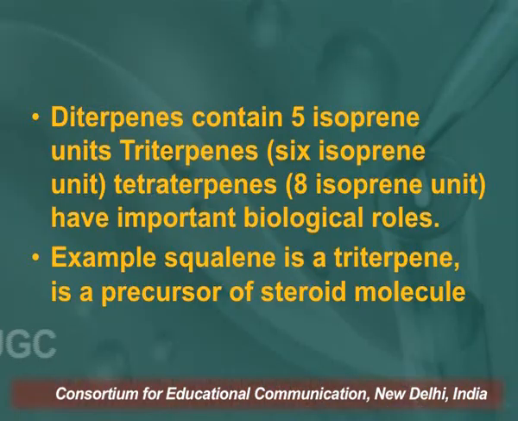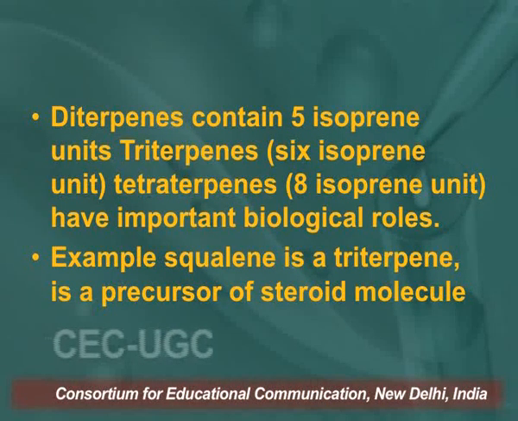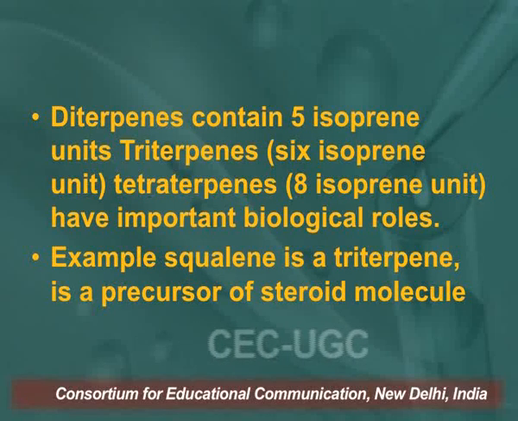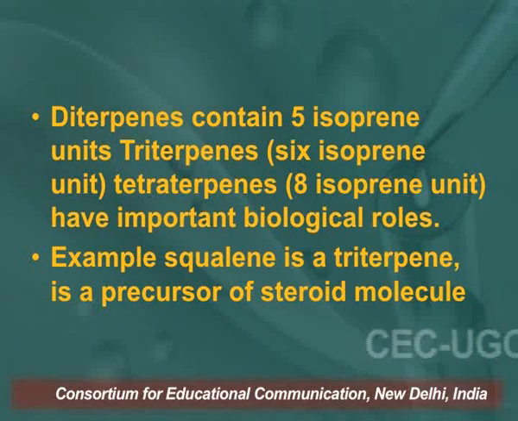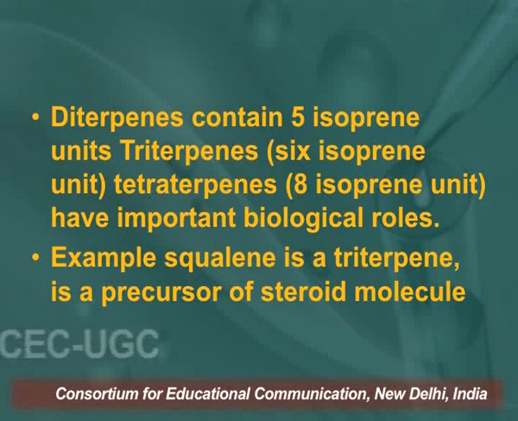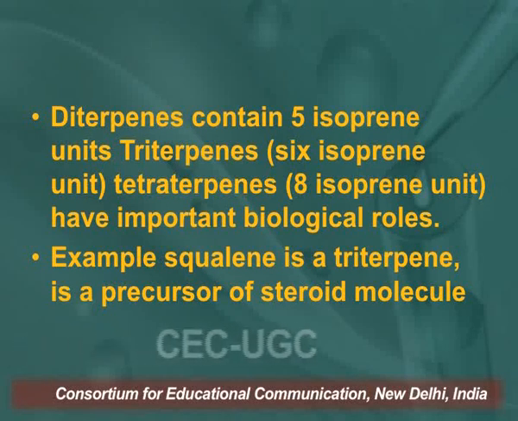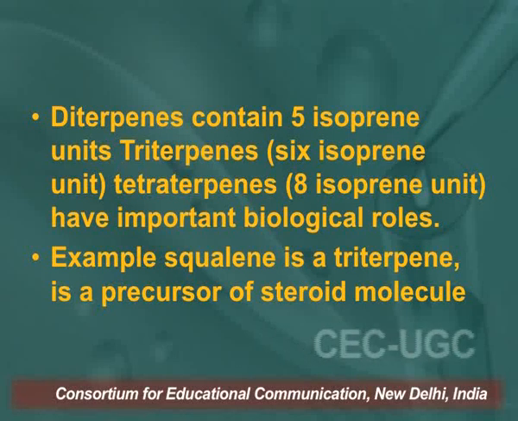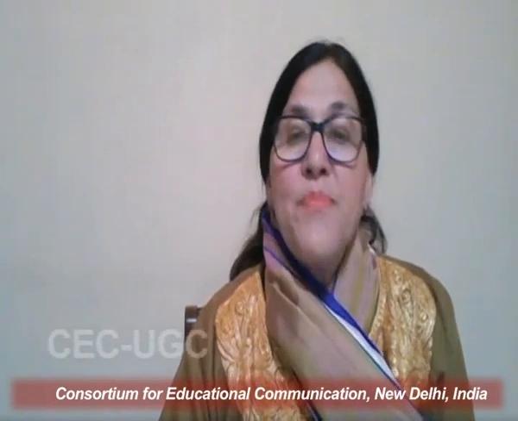So diterpenes contain 5 isoprene units, triterpenes contain 6 isoprene units, tetraterpenes contain 8 isoprene units, and all three types of terpenes have very important biological roles in our system.